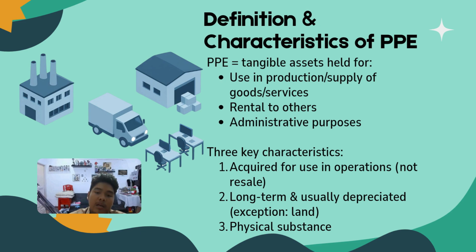Two, they are long-term in nature and, except for land, are usually depreciated over their useful life. And the last is they possess physical substance, meaning you can touch and see them, unlike intangible assets such as patents or copyrights.